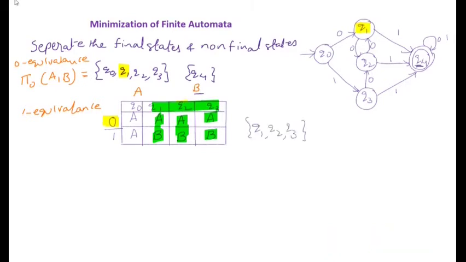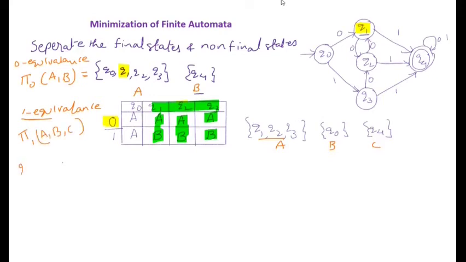Q1, Q2, Q3 we combine as a set and Q0 as a separate set. And Q4 is already separated in the 0 equivalence. Now the number of groups is 3, so we name them A, B, C. Now 1 equivalence can be written as pi of 1 with the groups A, B, C.